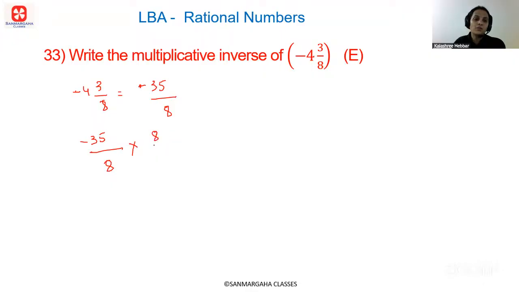You should multiply by 8 by minus 35. Correct? So you get the answer as 1. So the multiplicative inverse of minus 4 3 by 8 is 8 divided by minus 35. Okay, so this is the multiplicative inverse.